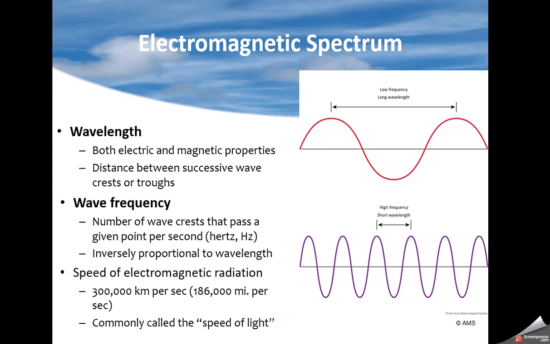So the same holds for electromagnetic radiation. And since electromagnetic radiation always moves at the same speed, the speed of light, the closer together the wavelengths are, the more powerful that radiation is. The further apart they are, the less powerful it is.